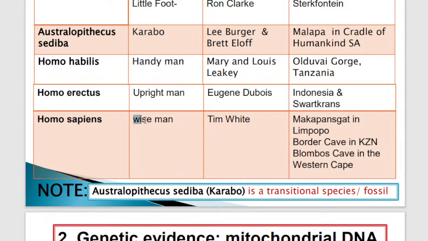What about the Homo sapiens? Homo sapiens is what you call the wise man. Who discovered also is Tim White. Du Bois is the one who discovered Homo erectus, and where Homo sapiens was discovered. Now a question comes in. The person who is talking, the person who discovered, is a Homo sapien, but he's saying that he discovered Homo sapien.